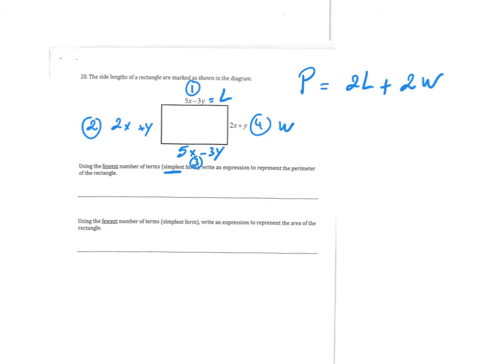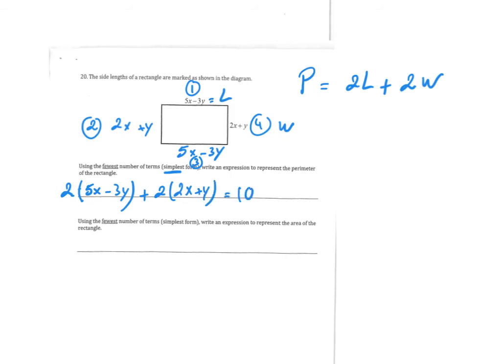It's going to be 2 times 5x minus 3y plus 2 times 2x plus y.